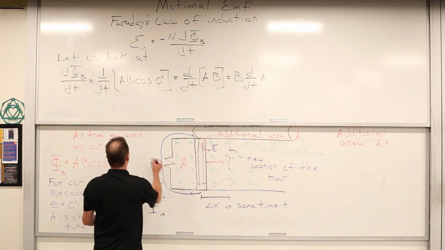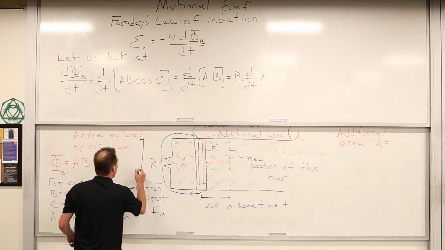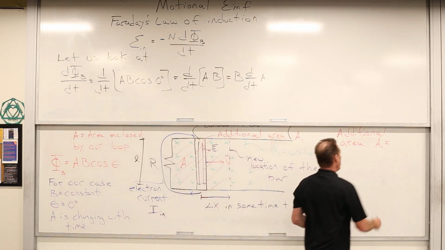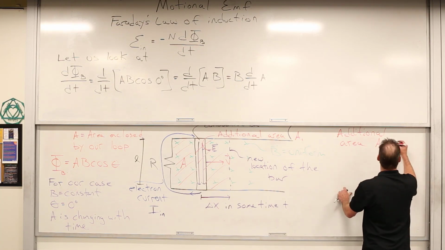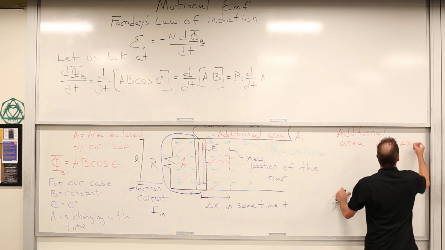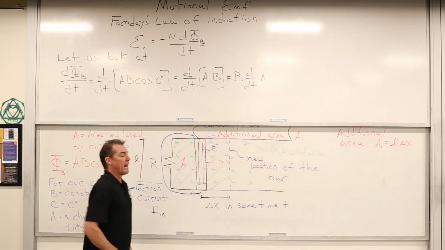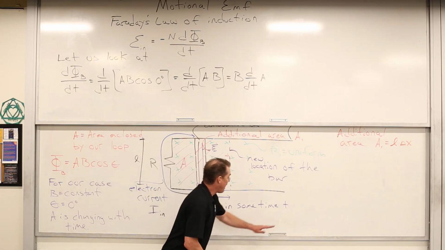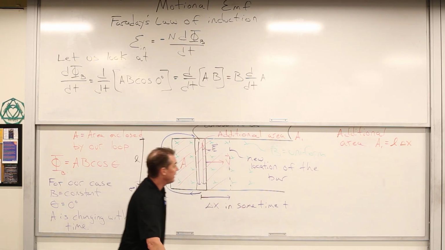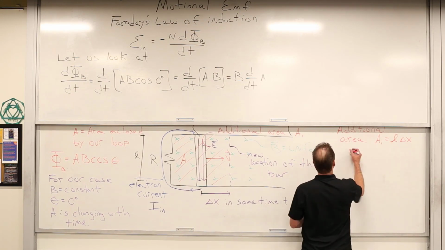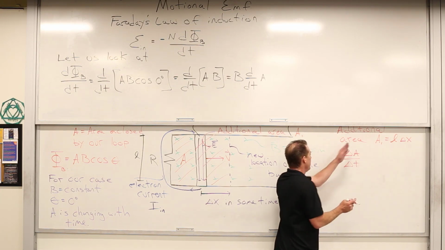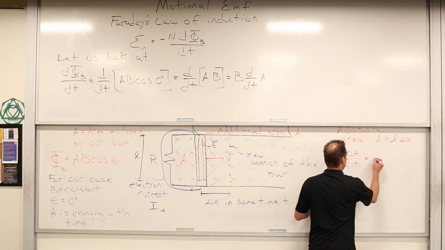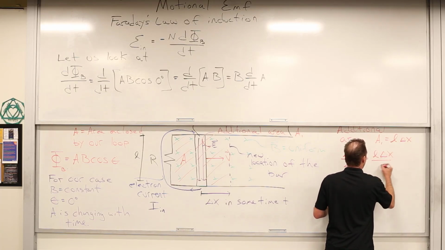So let us still keep this bar having a length of L as we did before, and the additional area is going to be equal to L times delta x. So that's how much we've changed the area. We've changed that area in this time delta t. So if we look at this, delta A over delta t, the change in area over the change in time, is equal to L times delta x over delta t.